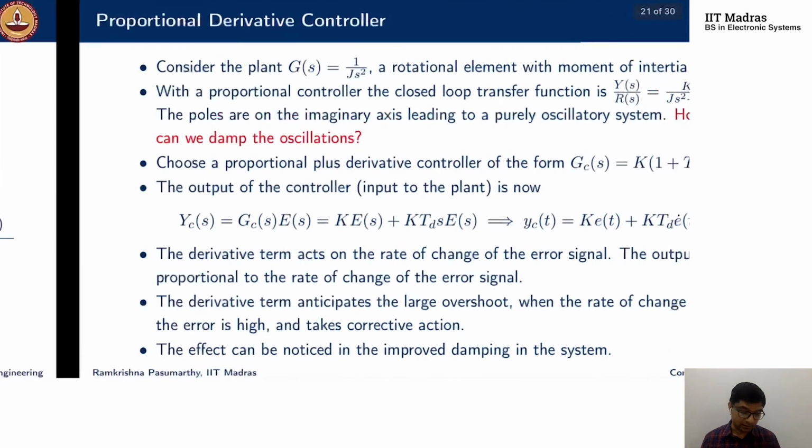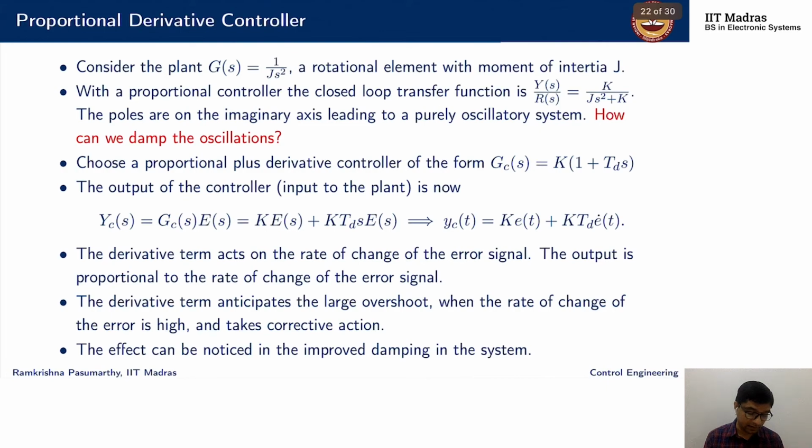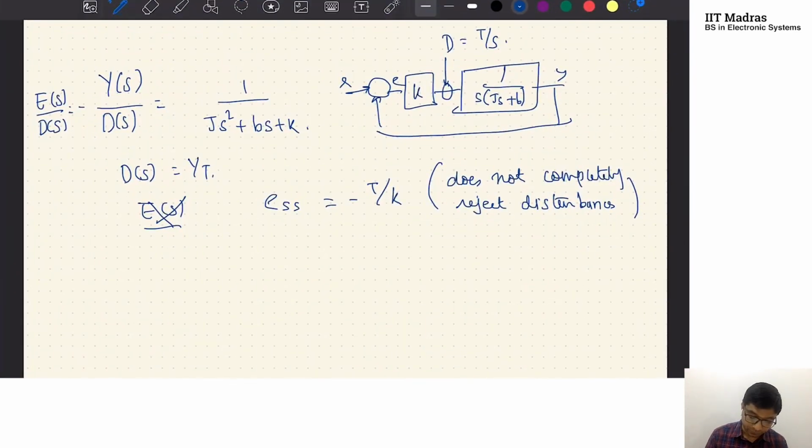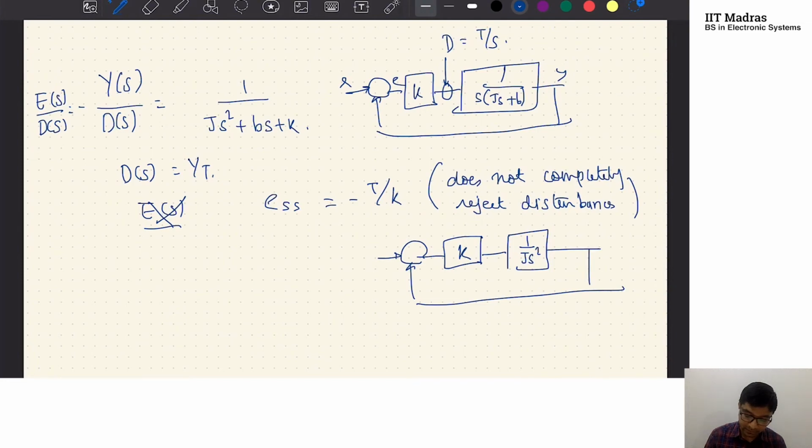So we start with a few examples. Again, I have the standard plant with 1 over Js squared. It's just a rotational element with some moment of inertia. If I just have a proportional element, the closed loop transfer function becomes (k over Js squared) by (1 plus k over Js squared).